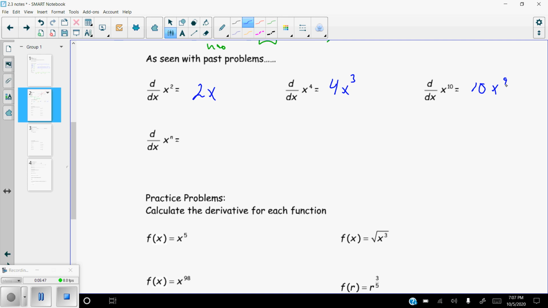So if I wanted to put this into some general term, the derivative of x to the n power, where n is just a number, is bring the n to the front and then reduce the n by 1. This is what is called the power rule for taking derivatives, and it makes taking derivatives so much easier.